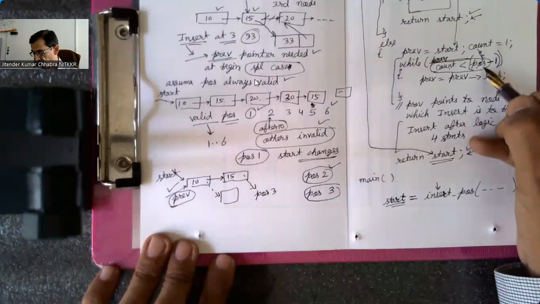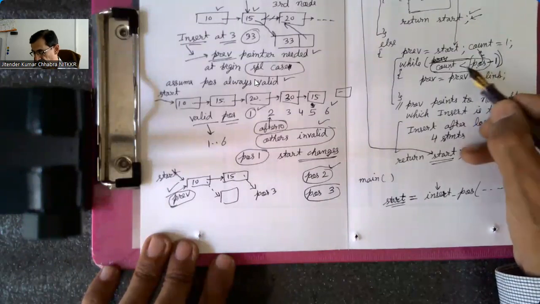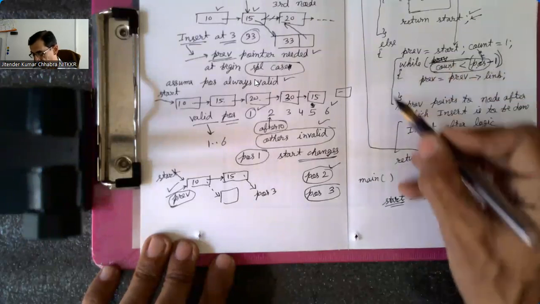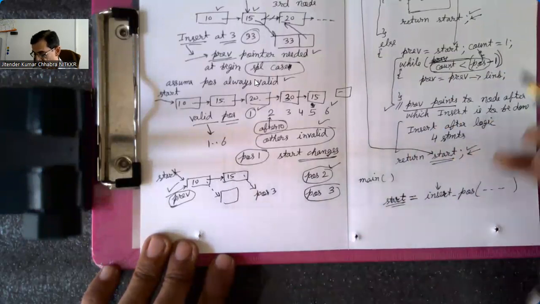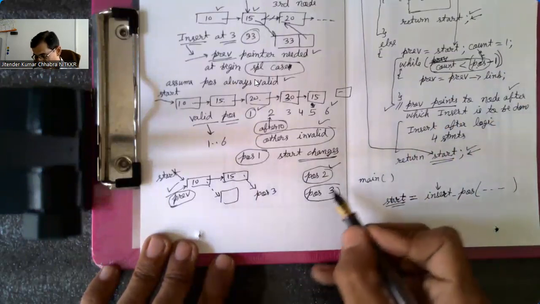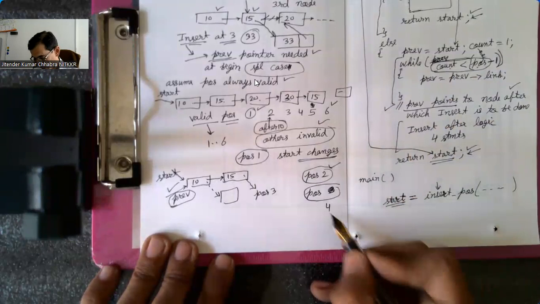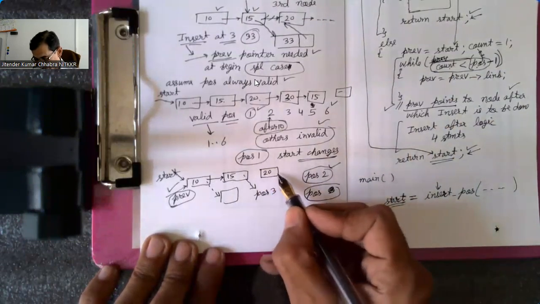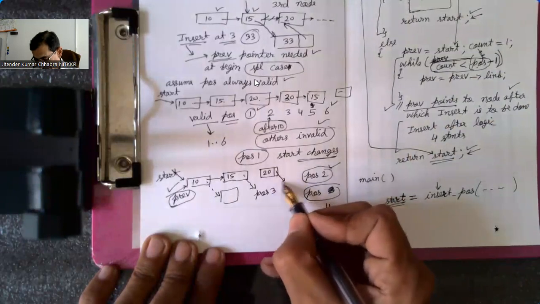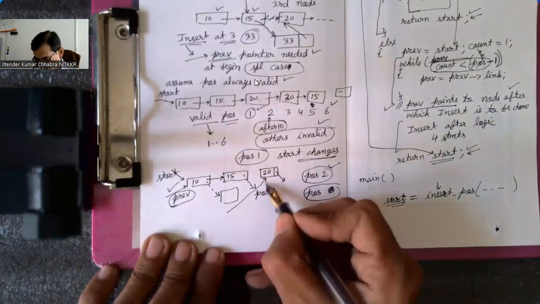Count is 1, position is 2, 2 minus 1, 1. Count less than 1, 1 less than 1, no. We will come out, previous points to the node after which insertion is to be done. Perfect. If position was, let's say, 4, position 4 meant after 20 insertion to be done. So my previous should go up to 20.